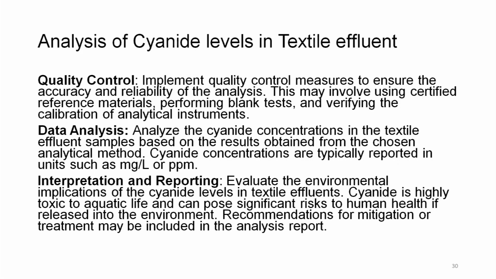Evaluate the environmental implications of the cyanide level in textile effluents. Cyanide is highly toxic to aquatic life and can pose significant risk even to human health if released into the environment. Therefore, recommendations for mitigation or treatment may be included in the analysis report if the values are high.